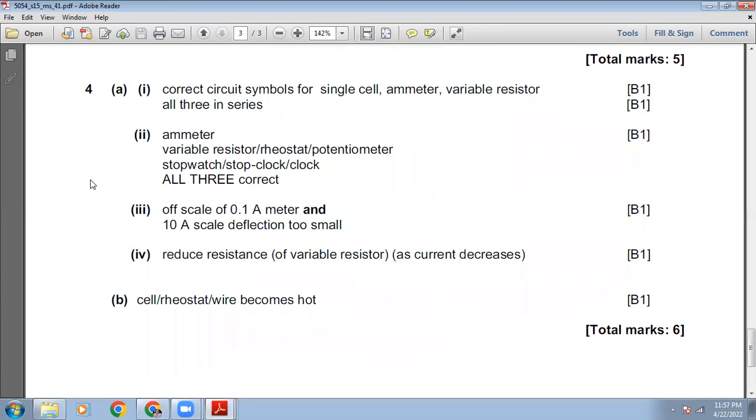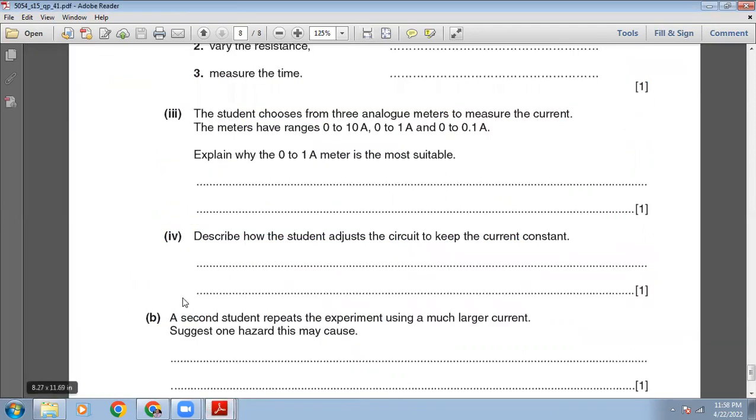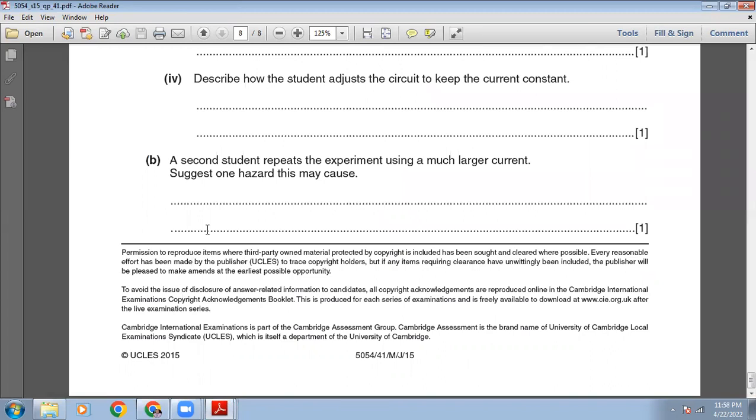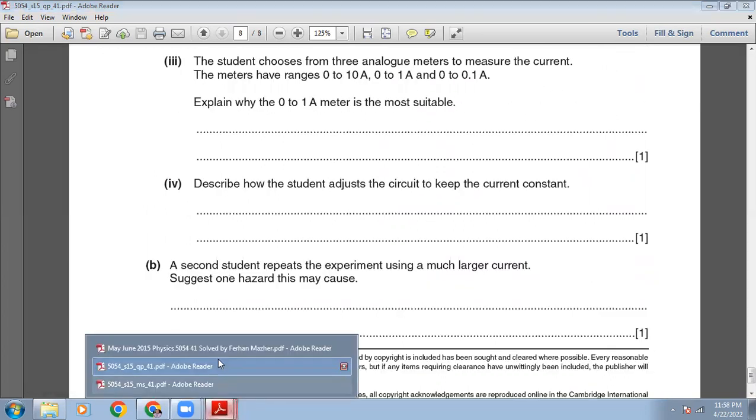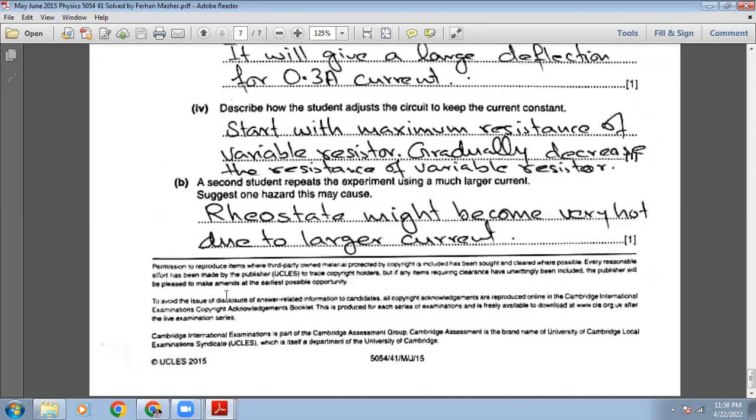Reduce the resistance of the variable resistor as current decreases. Rheostat wire becomes hot. That's the B part. We have done that. So the wires might become very hot.